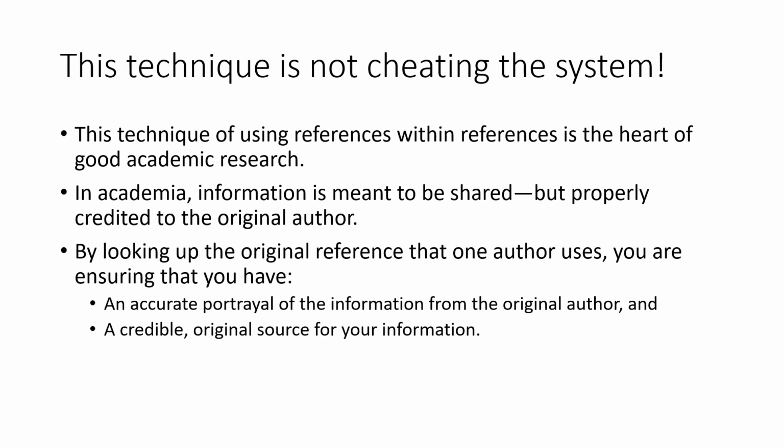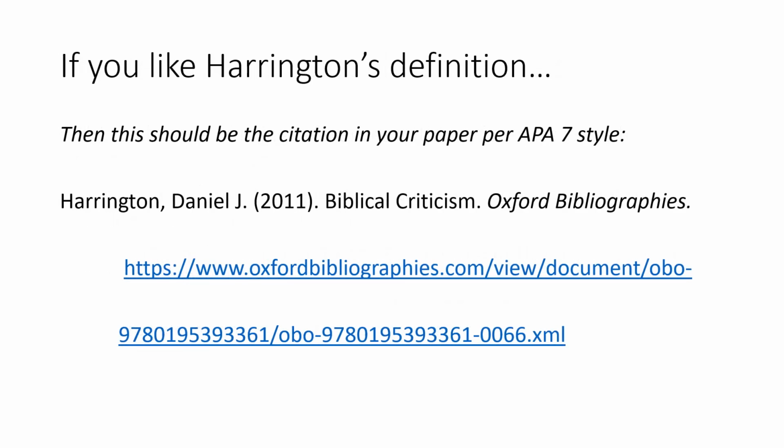So you find this article in Wikipedia, you find the reference at the bottom, you follow the reference. Now you decide you want to use this definition by Daniel Harrington. If you like it, then your bibliography, your reference page should look something like this based on APA 7 style.